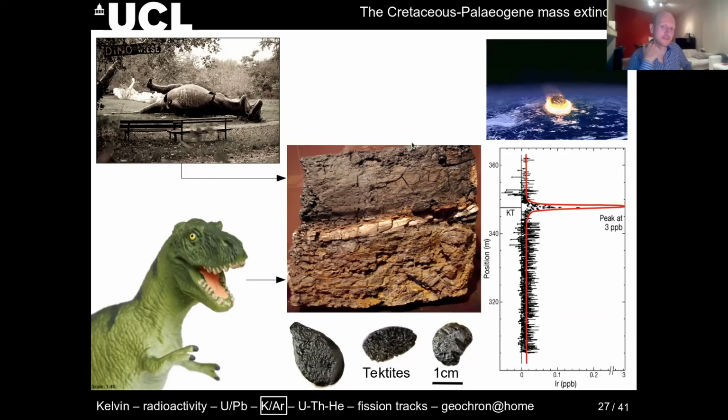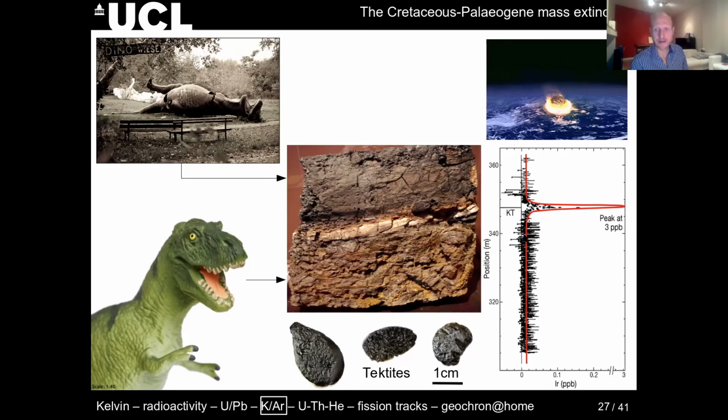It's a global event that is attributed to a large meteorite impact that happened at that time. The smoking gun for that meteorite impact is the existence of high concentrations of iridium on the boundary between the Cretaceous and the Paleogene eras.